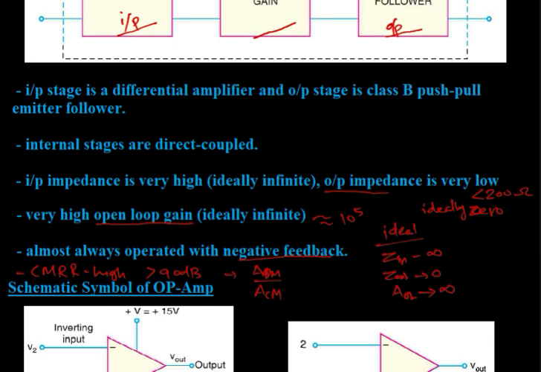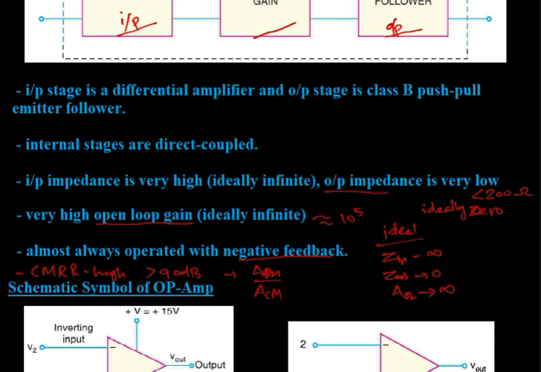And ACM is the common mode, which means the gain of the amplifier when the two input voltages are the same, that is, the voltages applied to the two input terminals are the same.